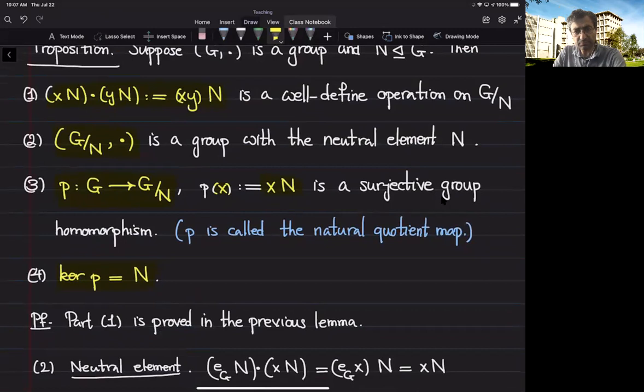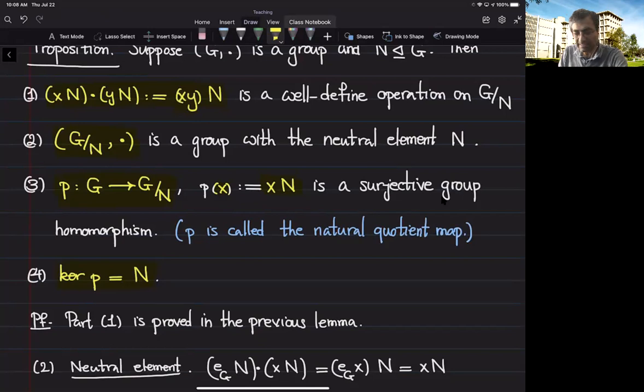And the rest of the claims immediately follow from the fact that G itself is a group, and at the end of the day we are doing operation within the group, because we are picking two arbitrary representatives of these cosets and then doing the group operation with respect to these representatives.